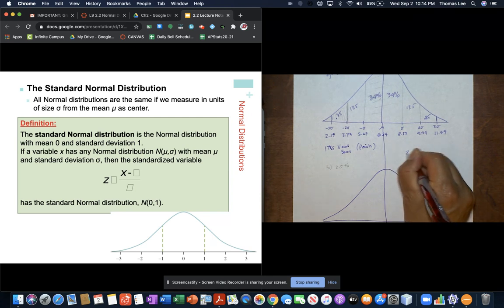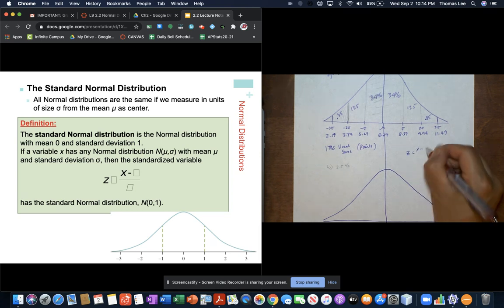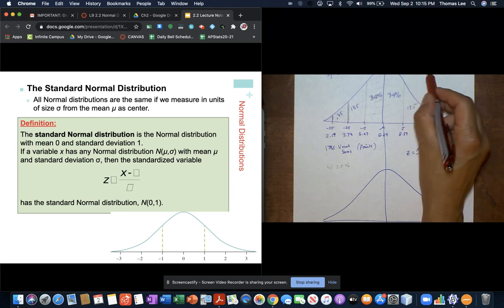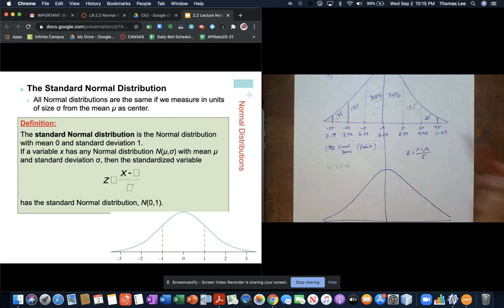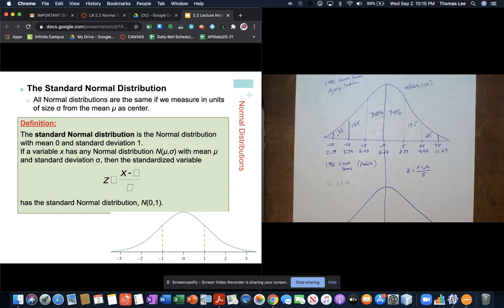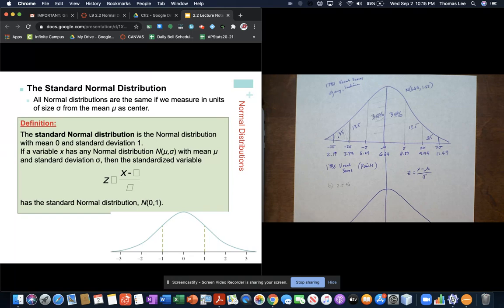Well, remember that z is x minus, we said x bar. Now I'm going to say mu, because these are really mu and sigma, right? Because when we're modeling, we're assuming that we have the entire population, not just a sample.